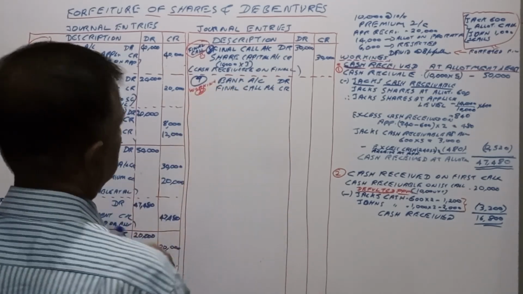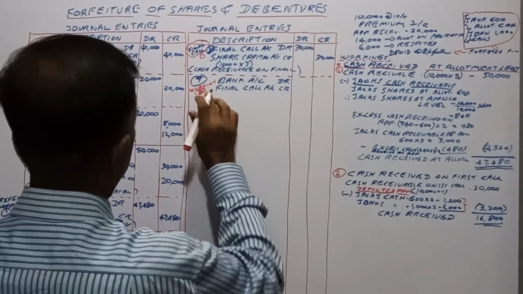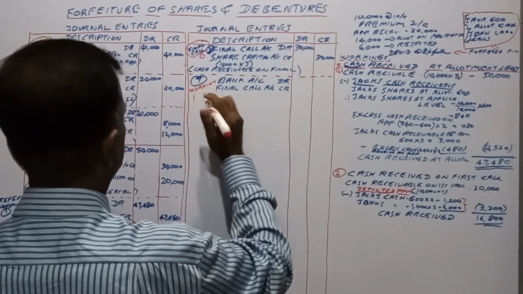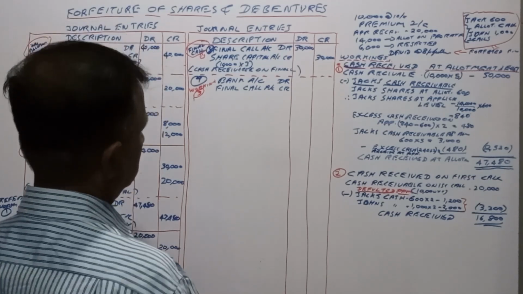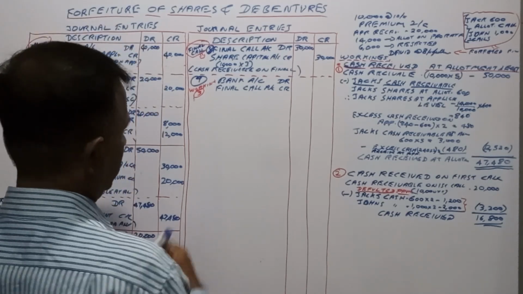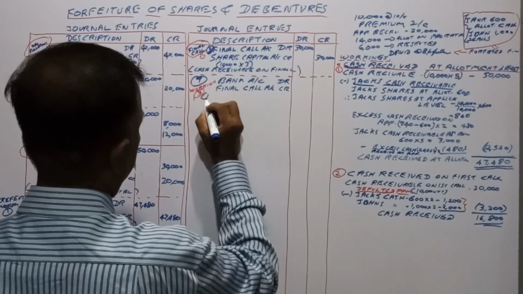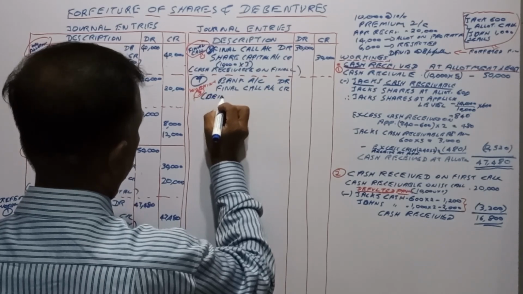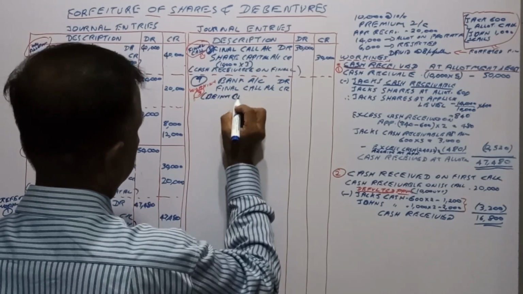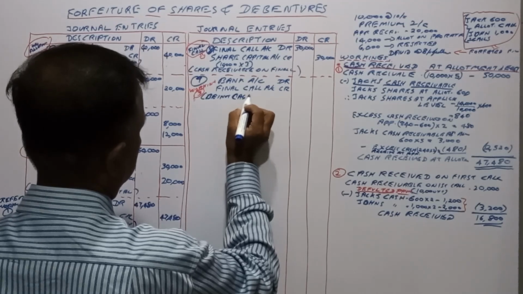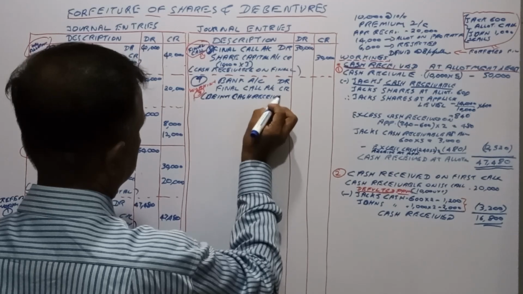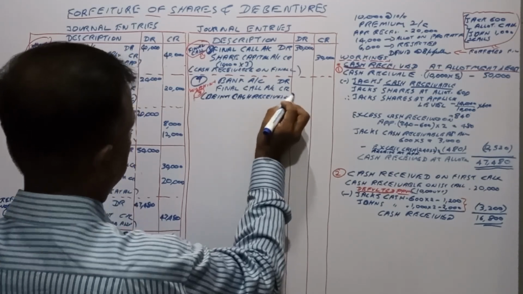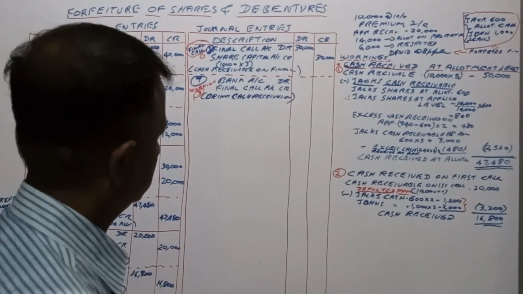Working number 3. Right. Being cash received on final call, right?